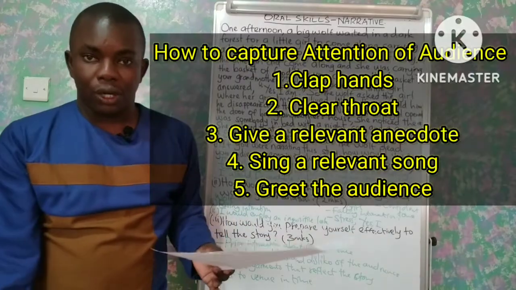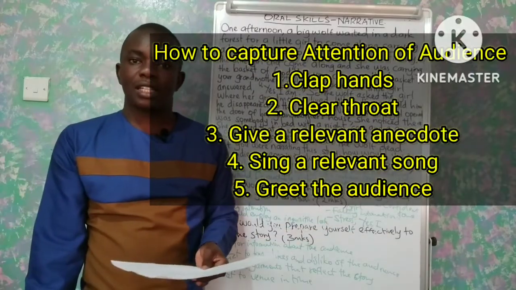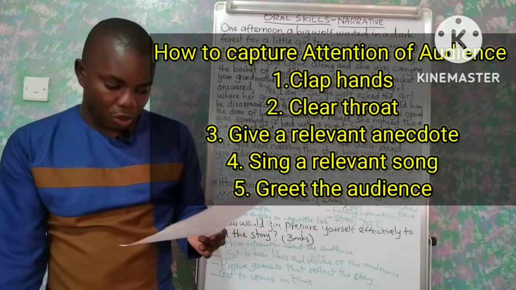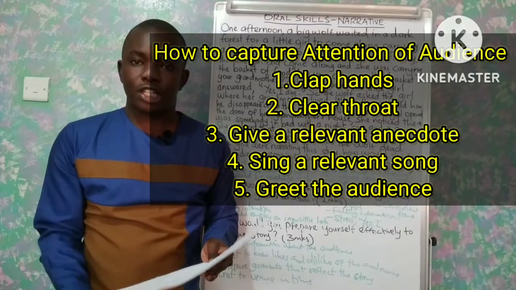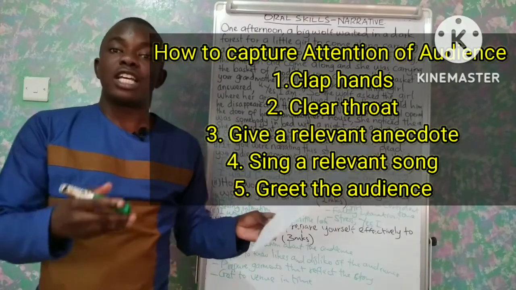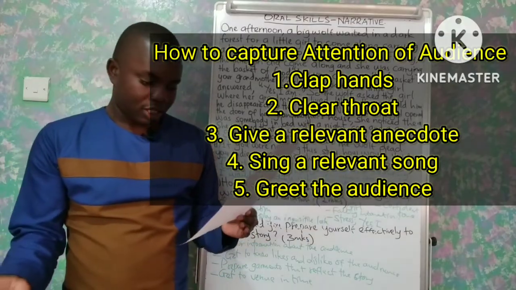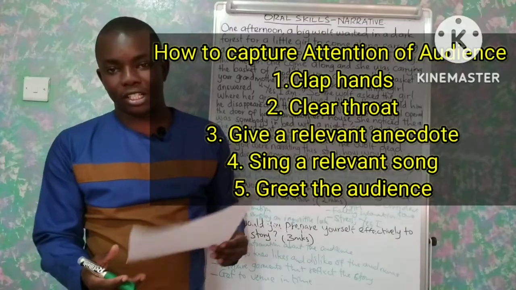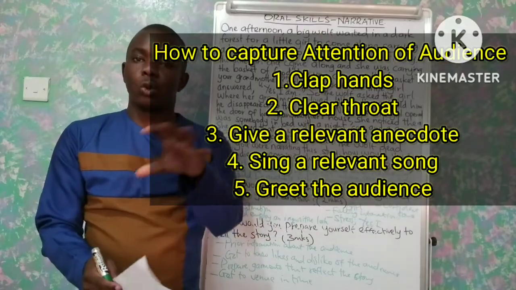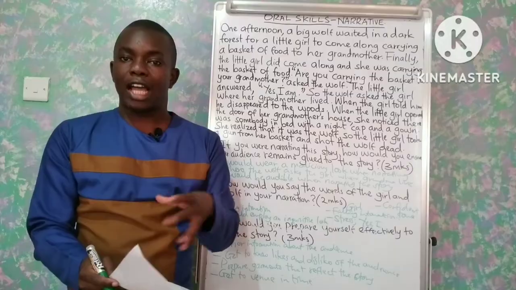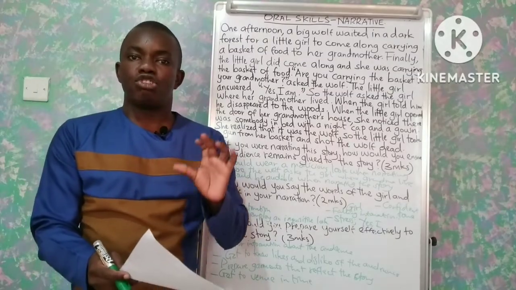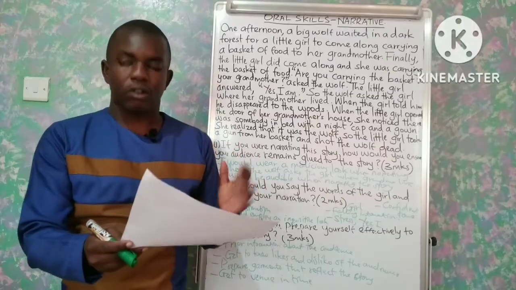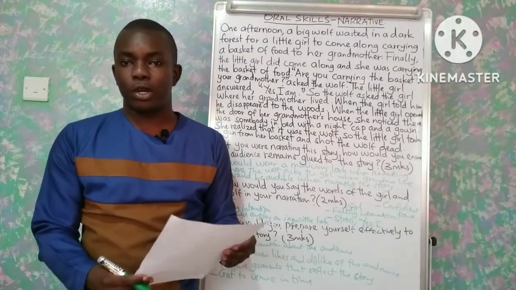I will clap my hands, clear the throat, maybe give a relevant anecdote, sing a relevant song, greet the audience to create rapport. So you can think along those lines if the question expects you to bring to the fore how to capture the attention of the audience.